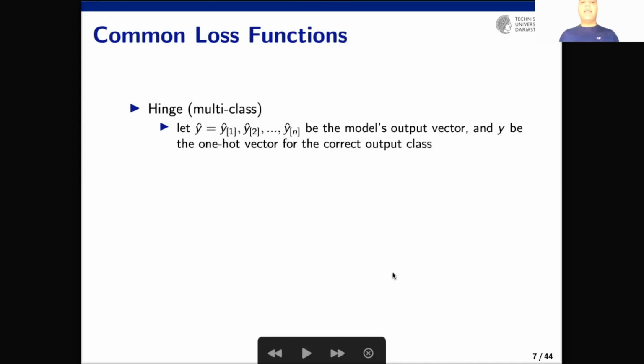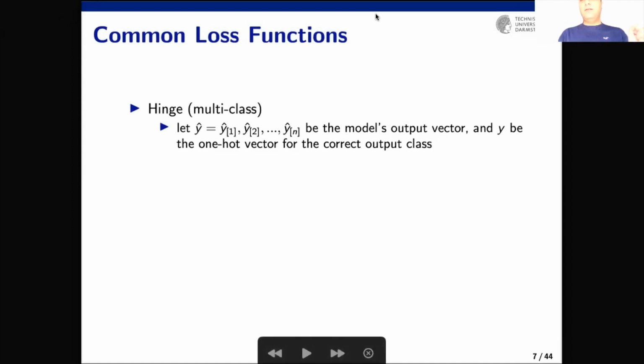Hinge can also be extended to multiple classes. So instead of having, let's say, 2 topics, news and politics, we can have 3 topics: news, politics, and sports, right? And let's say we have defined n topics or n class labels. And the output of the network then would be a probability distribution over these labels.